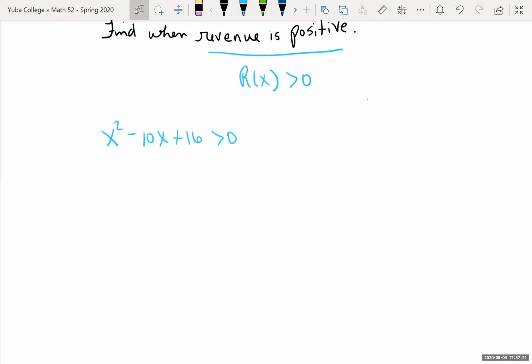And so this is a nonlinear inequality. This is where we had to set and find our critical numbers, values where it was equal to 0. So doing that, I would factor, if possible, which I can. And so this is x minus 8 times x minus 2 is greater than 0.